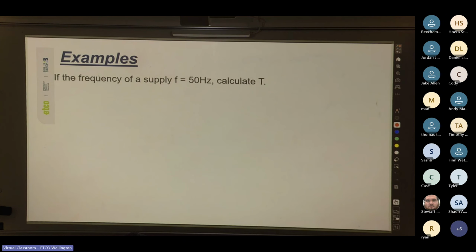Cool. The frequency of a supply F is 50 hertz. Calculate T. T equals 1 over F, which equals 1 divided by 50, or 0.02 seconds, or 20 milliseconds. So we're getting one sine wave every 20 milliseconds.